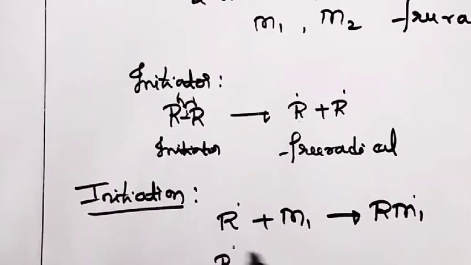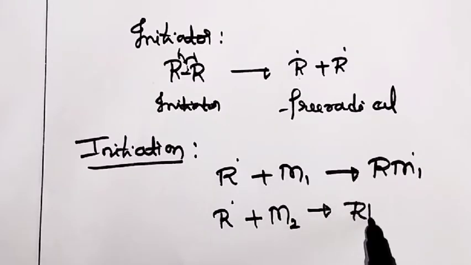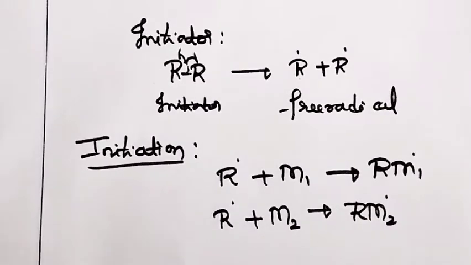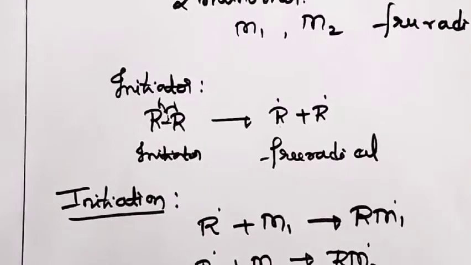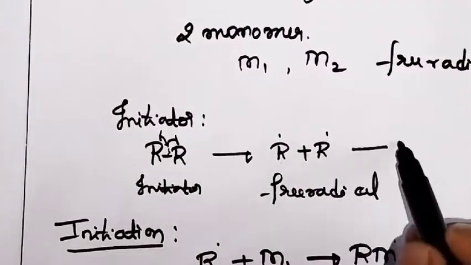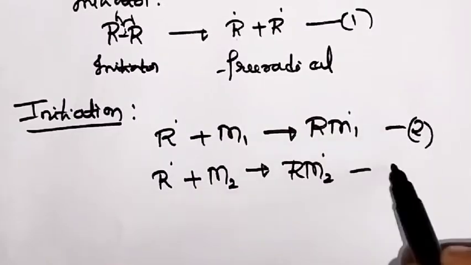Similarly, the other free radical attacks the other monomer M2 to form the RM2 free radical. The free radical shifts over here. This is what happens in the initiation step. I call this equation 1, this is 2, this is 3.